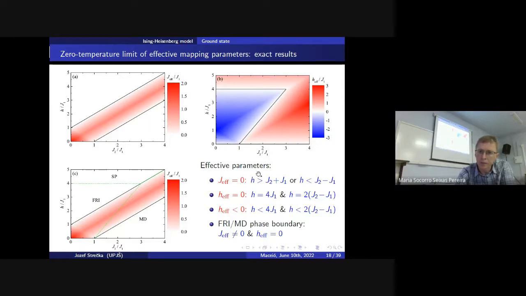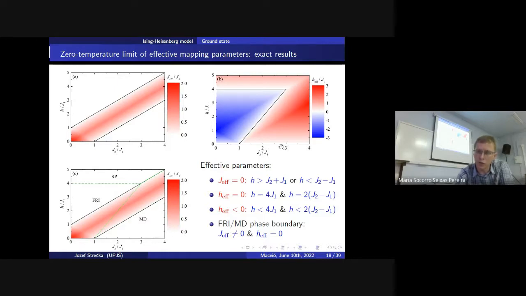Whenever the field is greater than the sum of J2 and J1, or smaller than the difference of J2 and J1, the effective coupling is zero. So we have non-zero coupling at zero temperature just within this stripe.